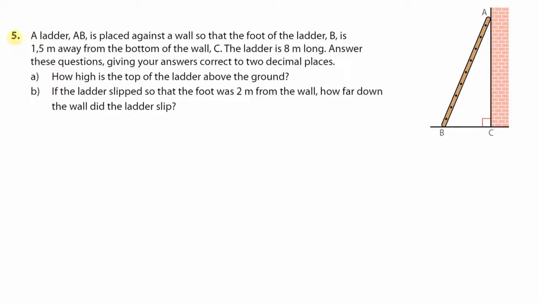Number 5 of exercise 15.3. A ladder AB is placed against a wall so that the foot of the ladder, B, is 1,5 meter away from the bottom of the wall, C. So this distance here is 1,5 meter.